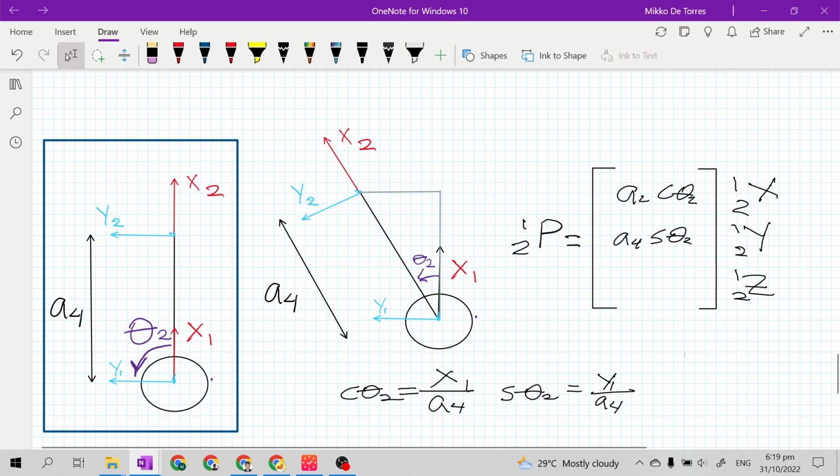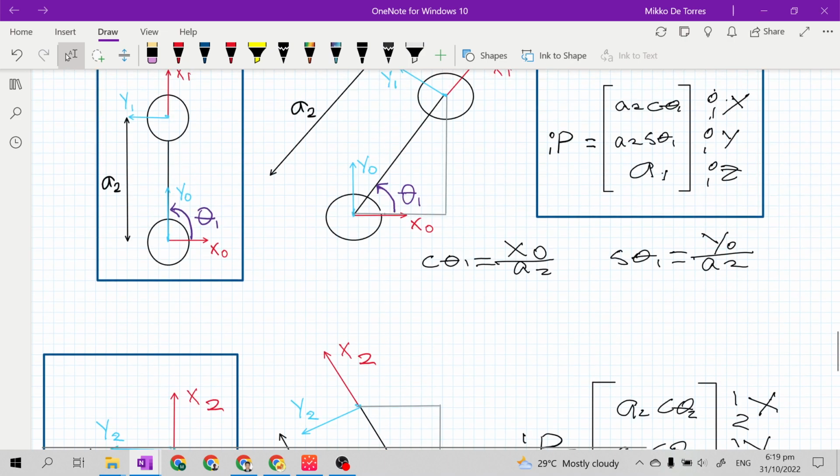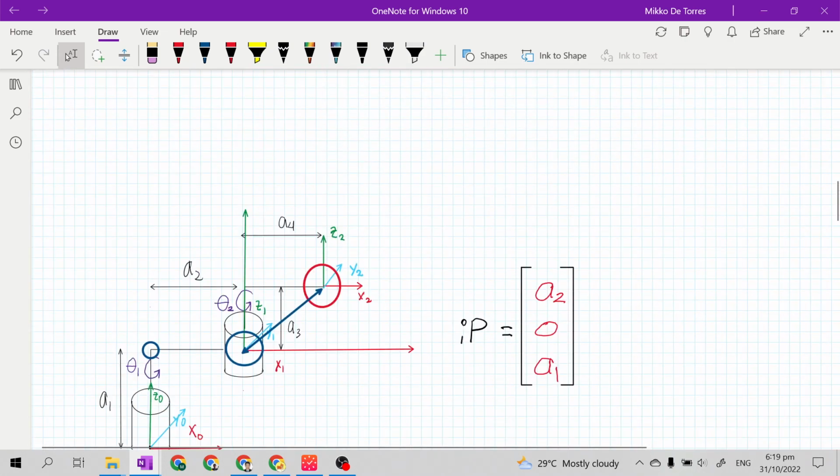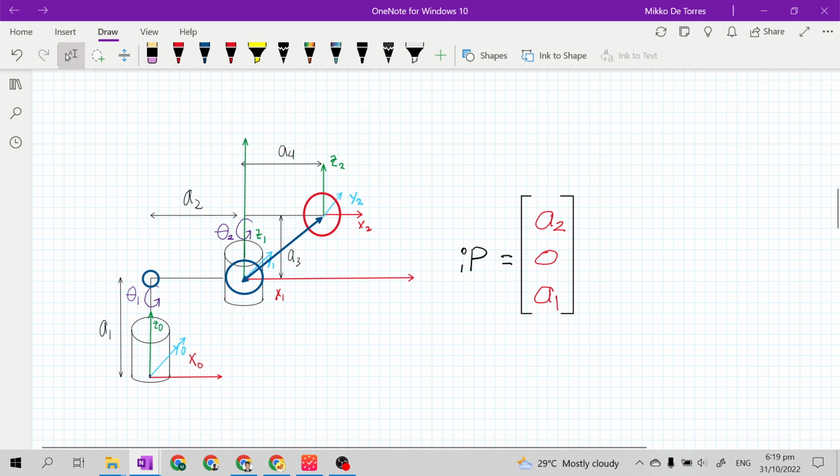For our z element, we will go back to the original drawing. At our original drawing, the distance of the origin of frame 2 to the origin of frame 1 along z sub 1 axis is a sub 3.